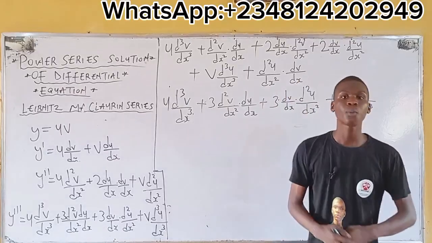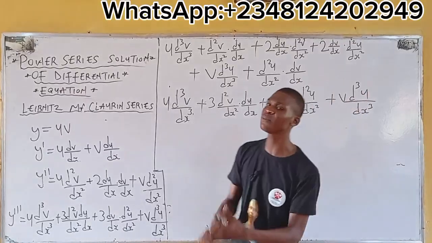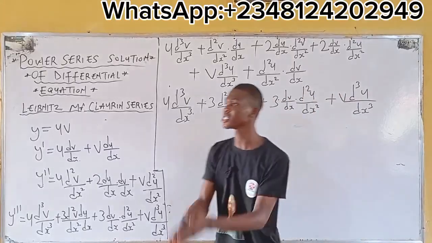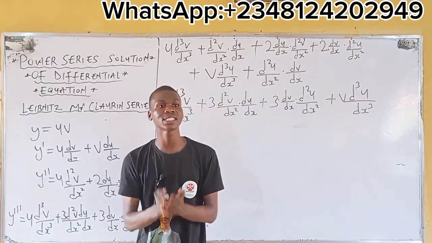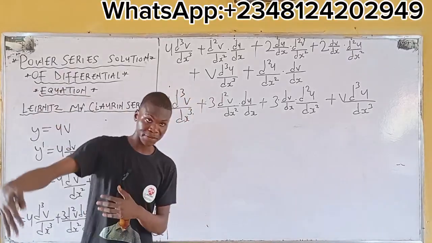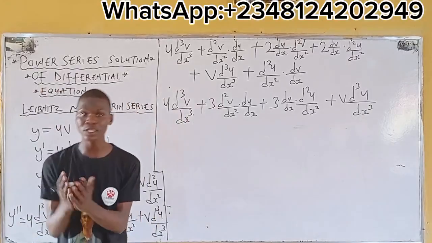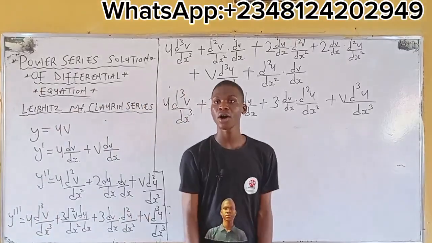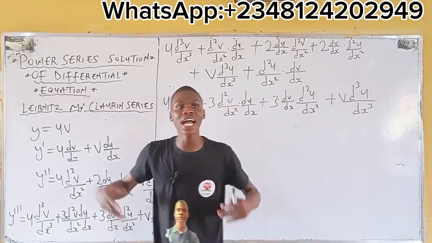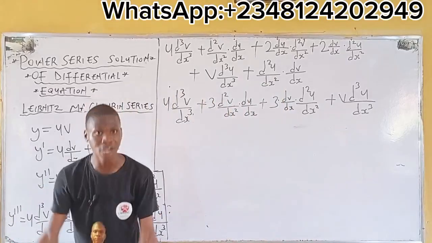But we said we want to understand Leibniz Theorem. The whole idea of Leibniz Theorem is that your higher derivative is equal to your binomial expansion. Meaning, I want to find the higher derivative.